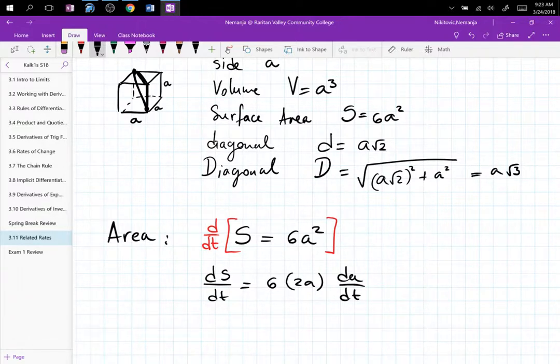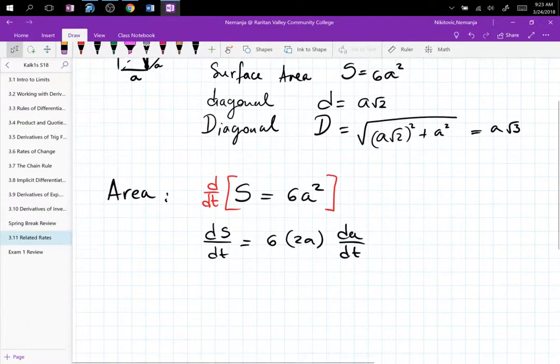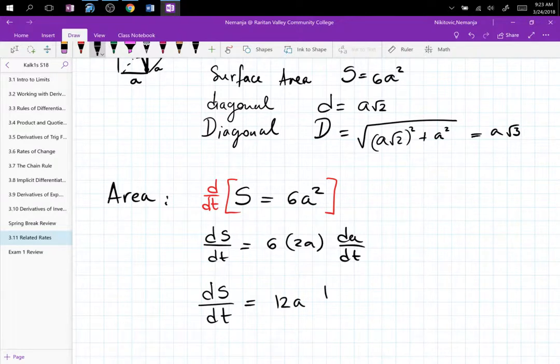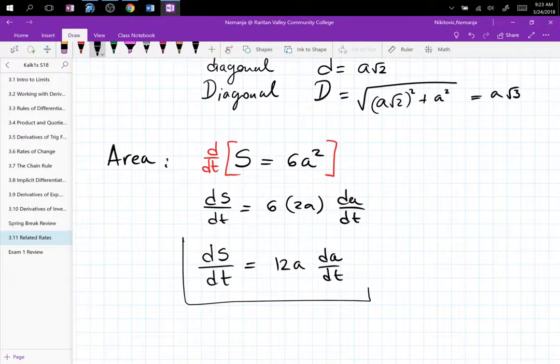But now that all of these variables do not match, you have to follow with a chain on every single derivative you take. So now, clean this up, and we have dS/dt is 12a dA/dt. This is the mathematical model. This is what we are after, right?